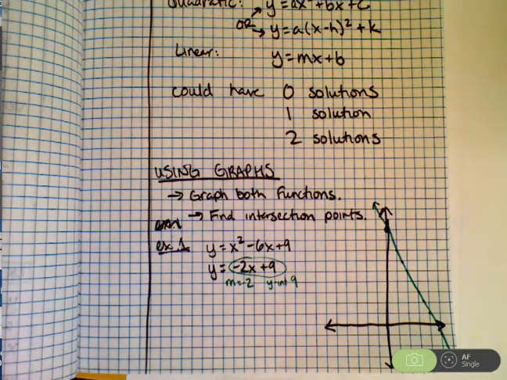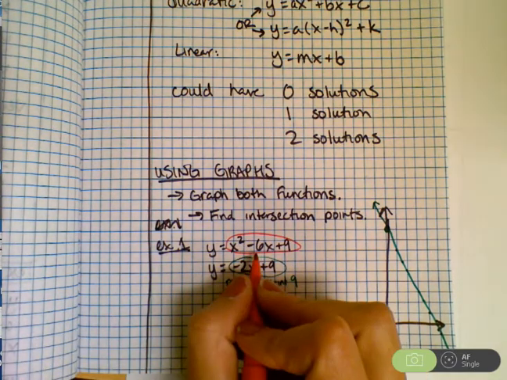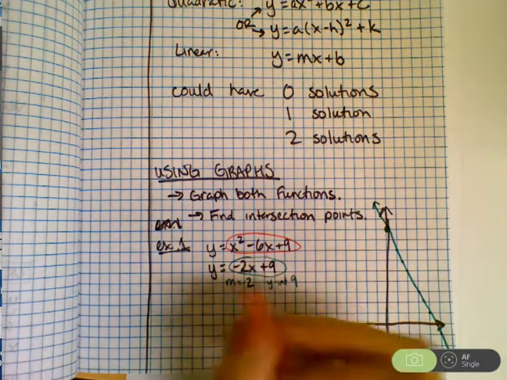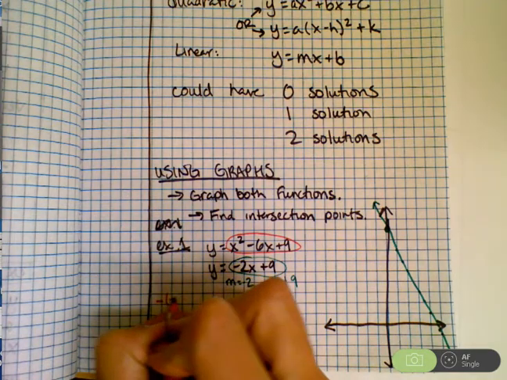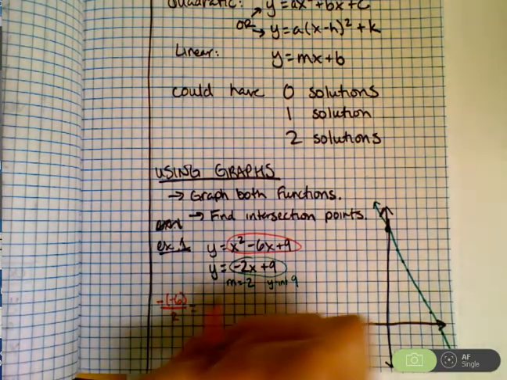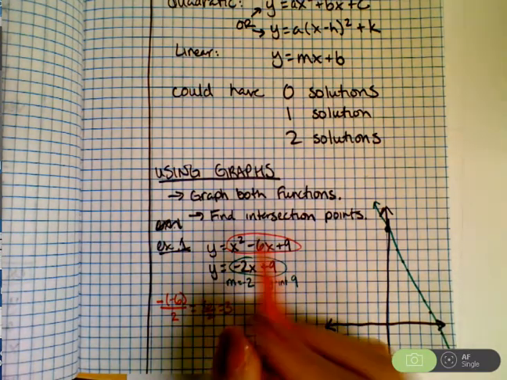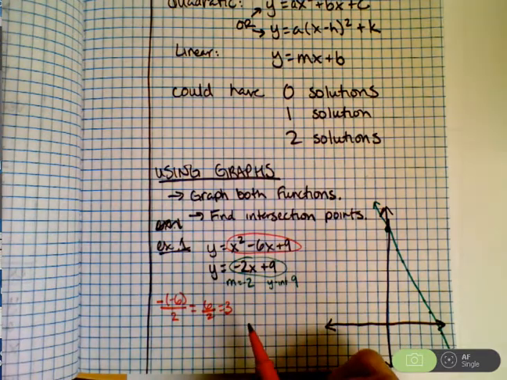There's my linear function. Now for my quadratic, I have to find the vertex first. So the quadratic I'll do in red. So I need to do -b over 2a. This is in standard form, so I need the opposite of -6 over 2 times 1. Opposite of -6 is 6 over 2 is 3. I plug in the 3 to get the y-coordinate.